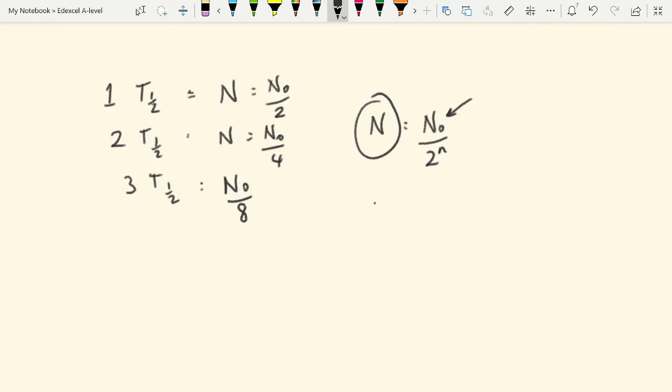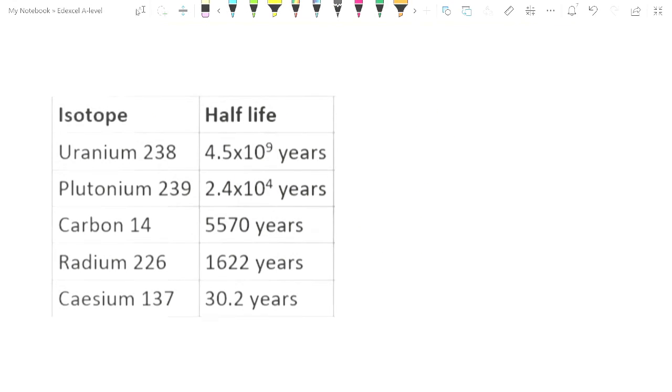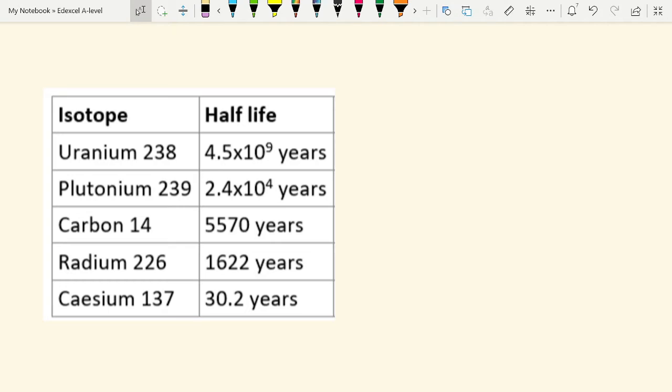The fraction that is left of nuclei or of activity is multiplied by a factor of 1 over 2 to the power of n of the original. Now, knowledge of half-lives is vital in many situations. So they're used in medicine, not these particular ones. Iodine-131 is used extensively in medicine, and that has a half-life of 8.1 days.